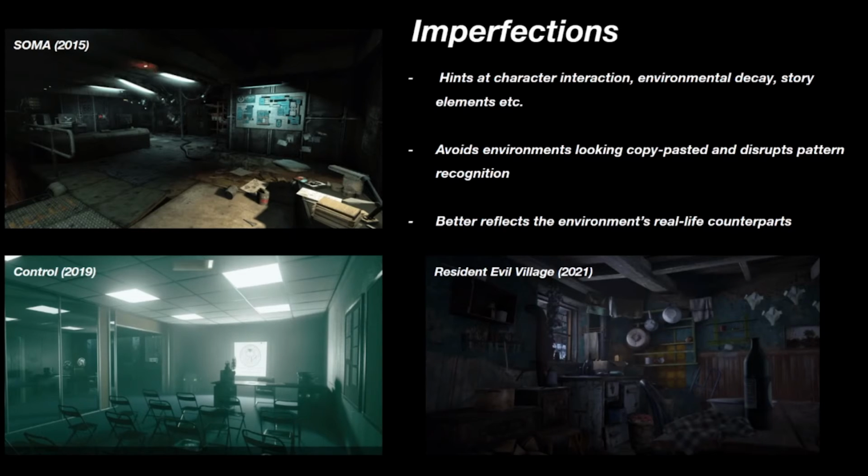And on top of that, lastly, by having slight imperfections, it reflects the real life counterparts of our environments better. In this case, Resident Evil 7, or 8, sorry. While I have never been to a rural village in Romania, I can imagine that they're probably not in super, super tip top shape on the inside of the houses.